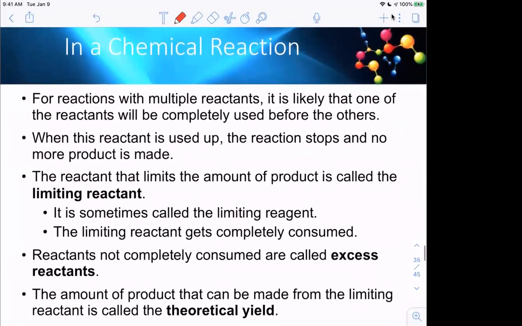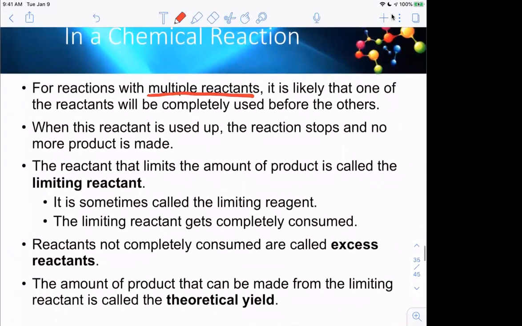So if I have reactions with multiple reactants, it is very likely that one of those reactants will be completely used up before the others. When that reactant is used up, the reaction is going to stop. No more product will be made. The reactant that limits the amount of the product is called the limiting reagent.